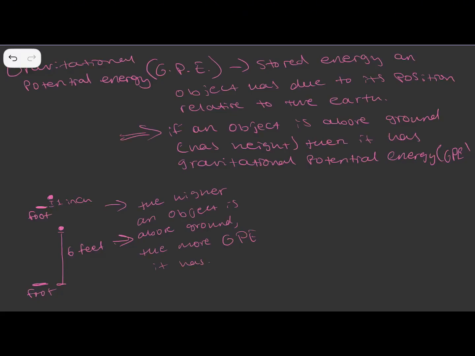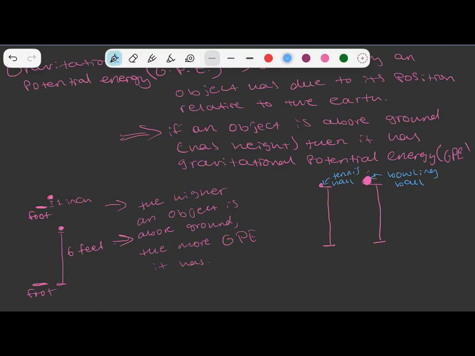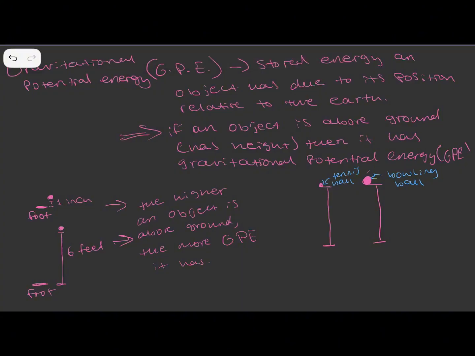Now let's say that two objects are going to be falling from the same distance. Let's say I have a tennis ball, and here I have a bowling ball. If these were both to fall onto something, which one would do more damage?